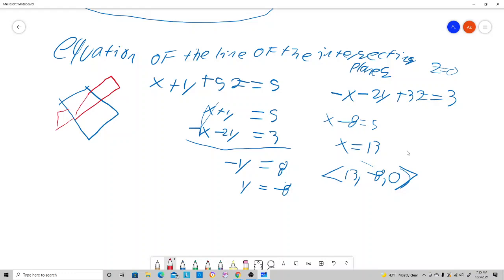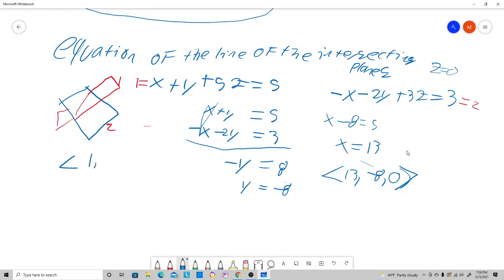If I take the cross product of these two normal vectors, the n of this one, let's take this as red. This is plane 1, and this is plane 2. The normal, as we did before, is pretty much the slope of it.